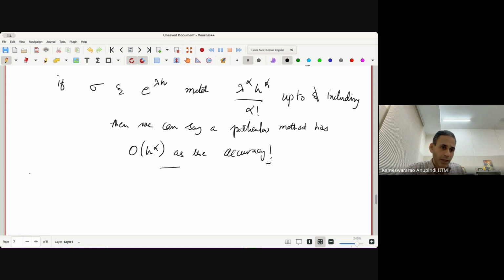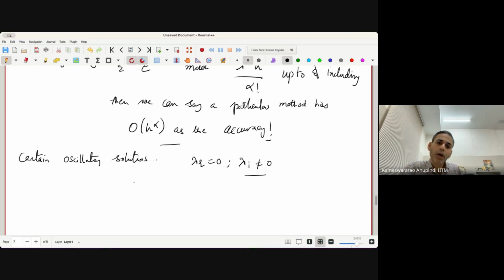There are certain problems for which there are oscillatory solutions. For example, if you take a spring mass system, then the solution is going to be oscillatory. Similarly, if you take a vibrating string, the solution is going to be oscillatory. So for all these oscillatory problems, let us consider that the real value of lambda is 0.